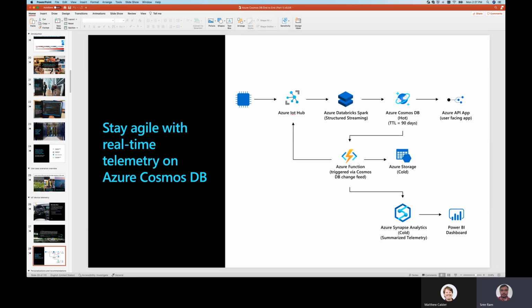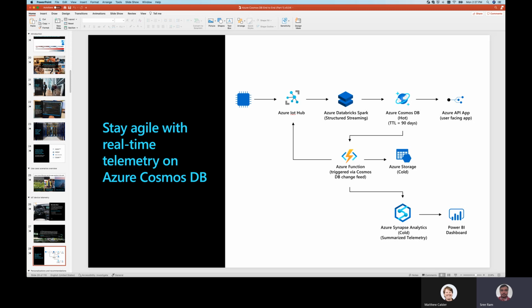And the analytics could be performed on Azure Synapse, which is our enterprise serving layer and cloud native data warehouse. And you can render all the analytics in the form of dashboards.